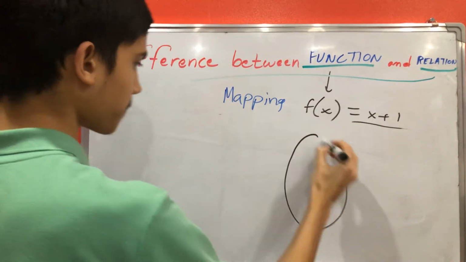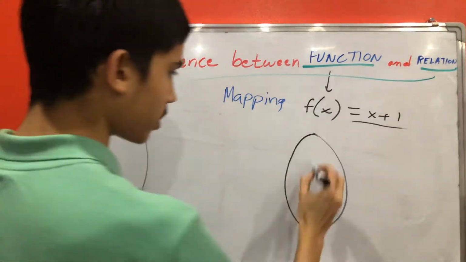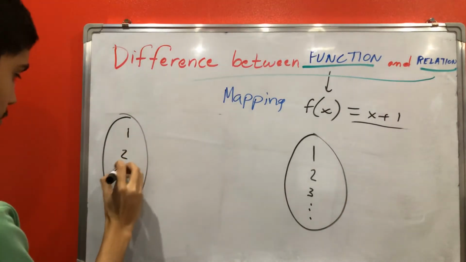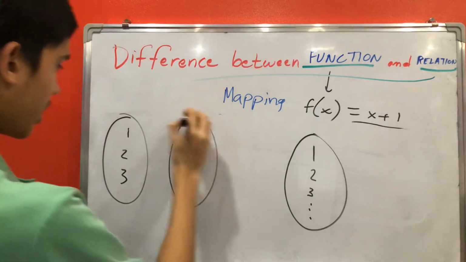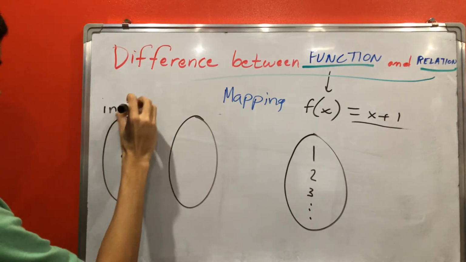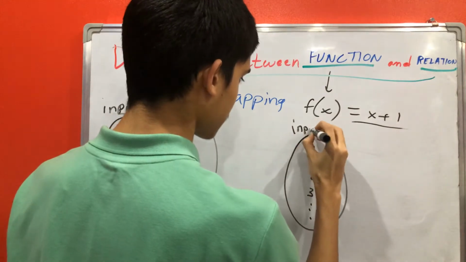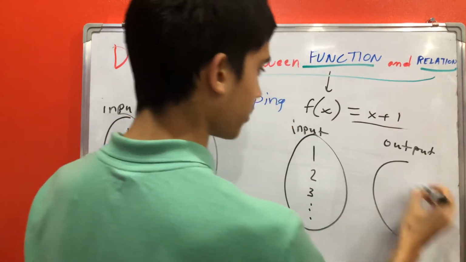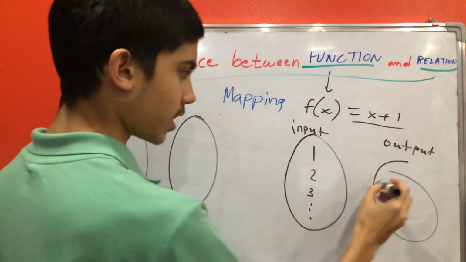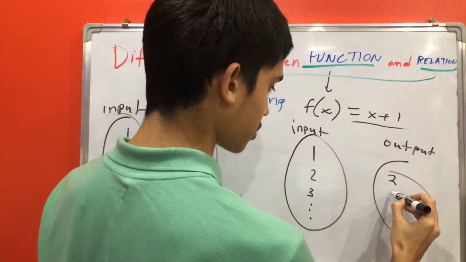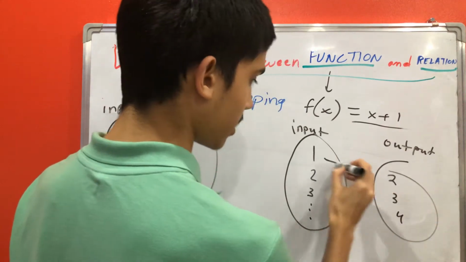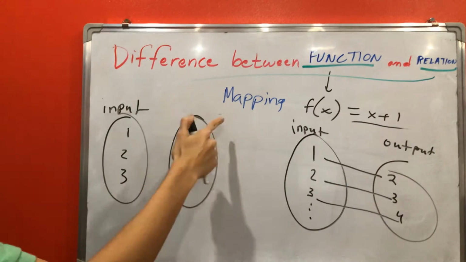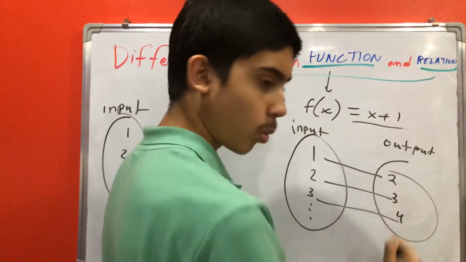It's like two ovals, and we put 1, 2, 3 in one and 1, 2, 3 in the other. We have an input, and then we have an output. For f of x equals x plus 1, our output will be 2, 3, 4, and then we can draw lines to show all the inputs and the outputs. We see that every x will only have one line.